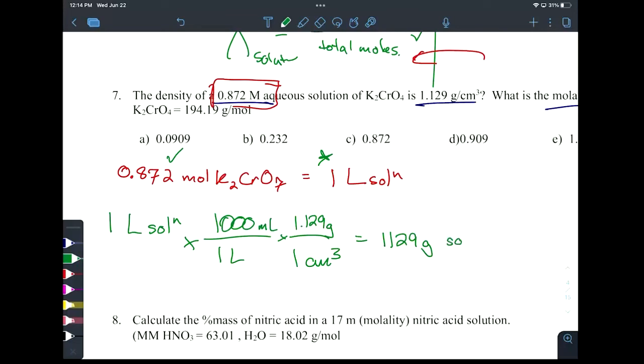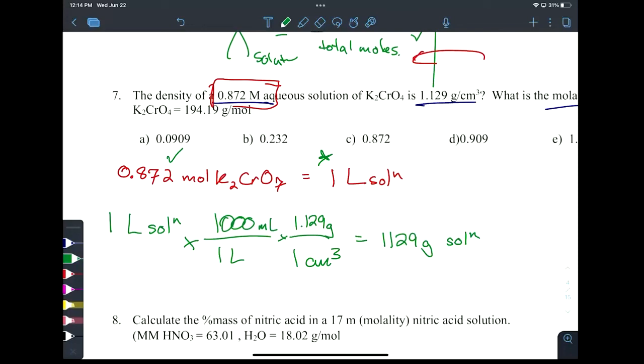The mass of your solution is the mass of your solute plus the mass of your solvent. We want the mass of solvent, right? That's the thing we have to put in our molality equation.